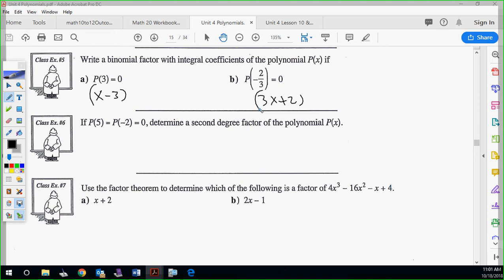So that's saying put those together to form your second degree factor. So it's this simple. X minus 5, x plus 2. That's all it means. Now you have a second degree polynomial, right? X times x is x squared. So they want you to FOIL it out because they want polynomial form. So x squared minus 3x minus 10.